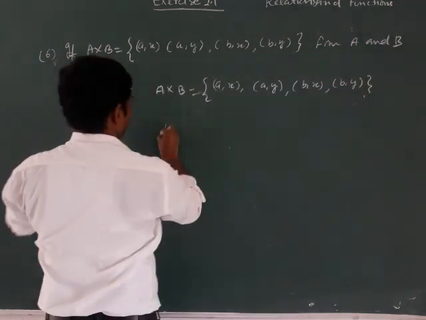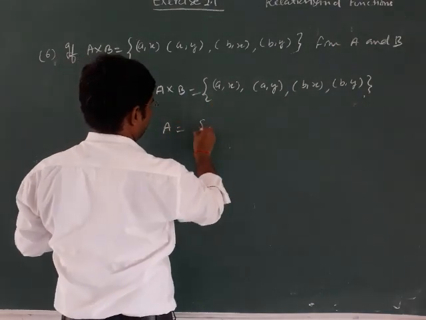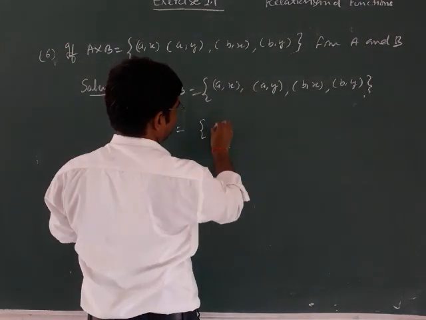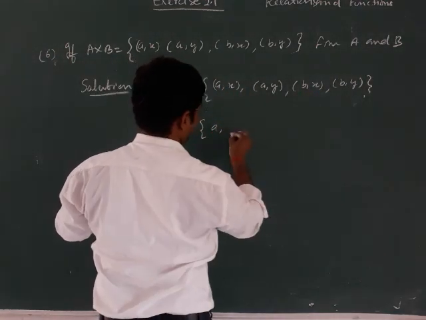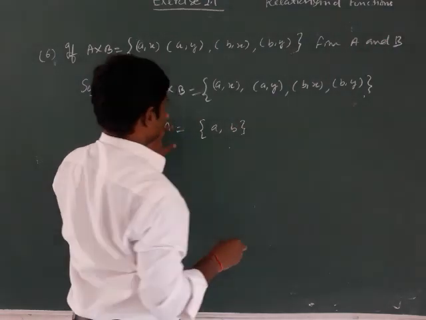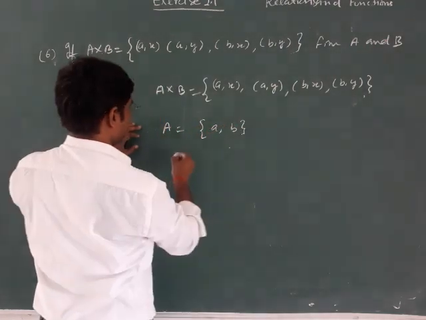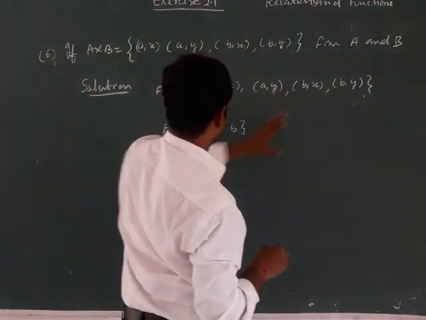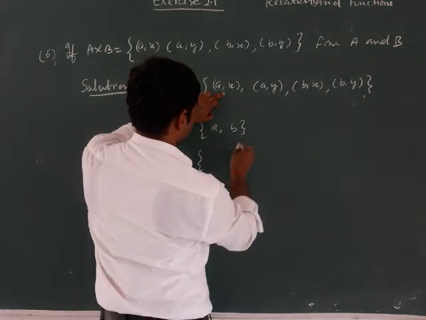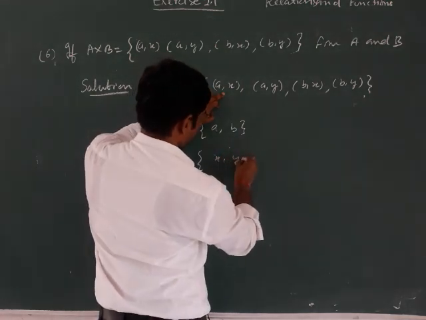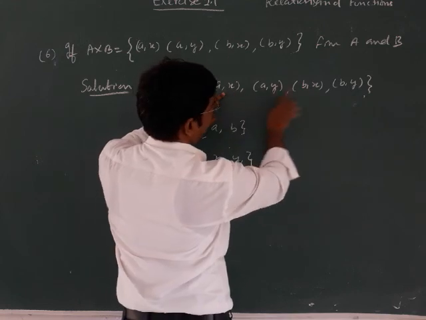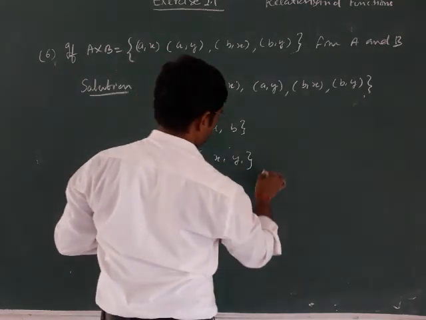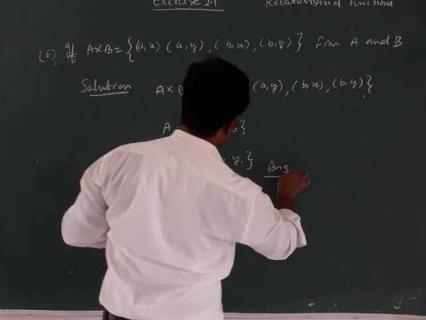The first components are the elements of set A: a, b. So A is {a, b}. In the same way, B is the second components: x, y. So B is {x, y}. This is the answer. That's all. Thank you.